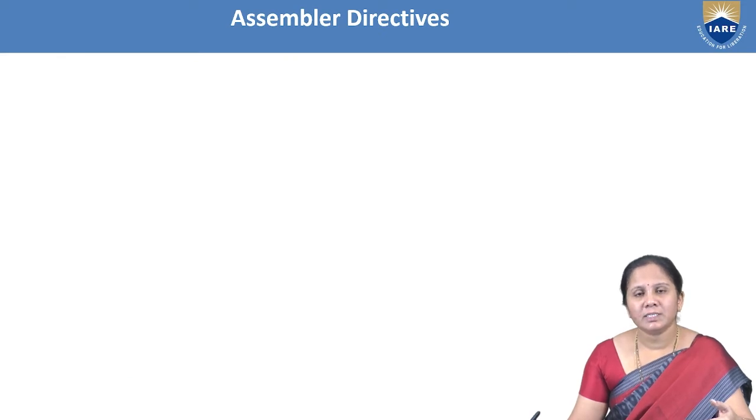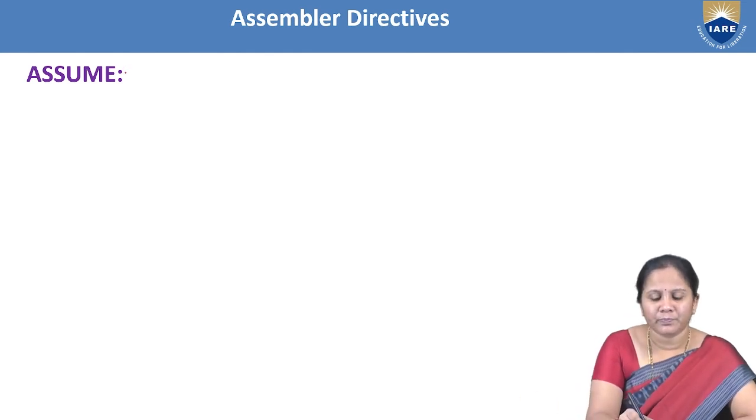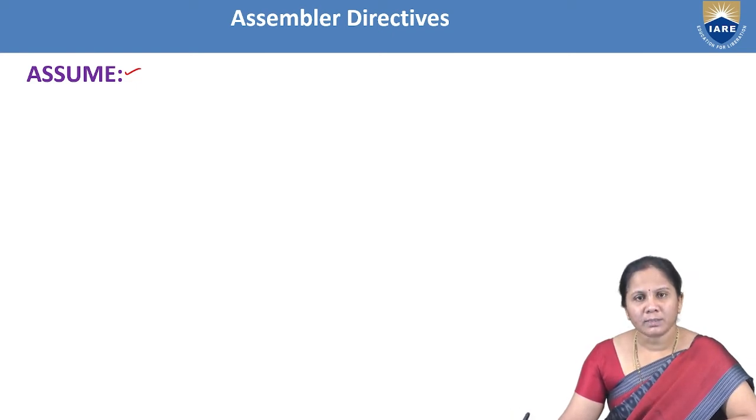Now, let us discuss the special instructions that come under the assembler directives in detail. The first assembler directive is ASSUME. These are assembler directives, meaning these are instructions for the assembler, linker and loader.